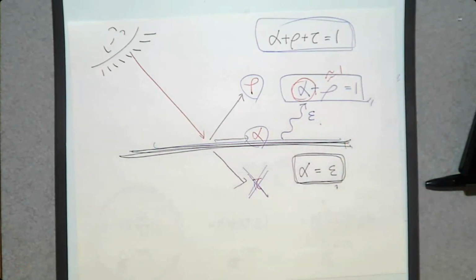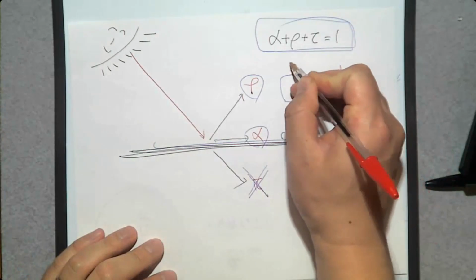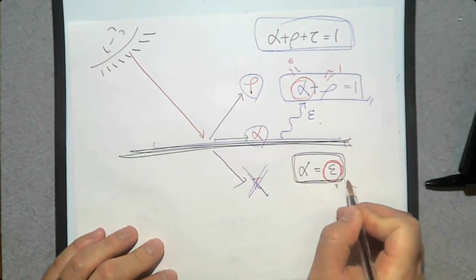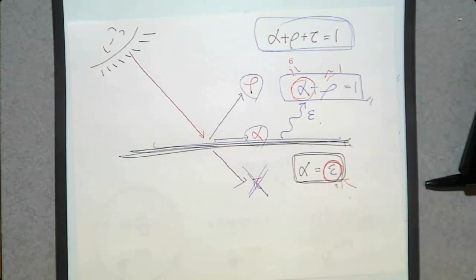How much radiation can be absorbed if it is a metal? Almost zero. Then how much emission can this metal release? Almost zero. So those surfaces which can reflect the sunlight very well cannot emit radiation very well. Make sense?